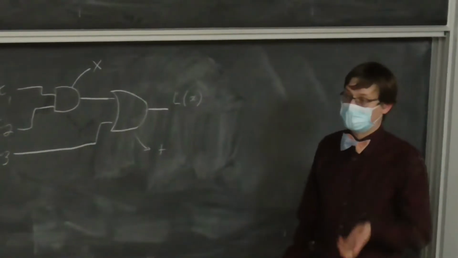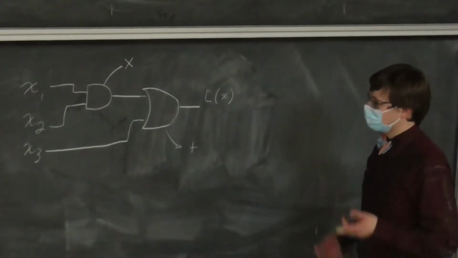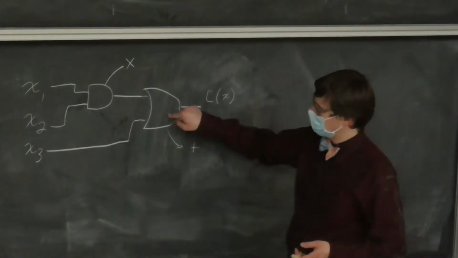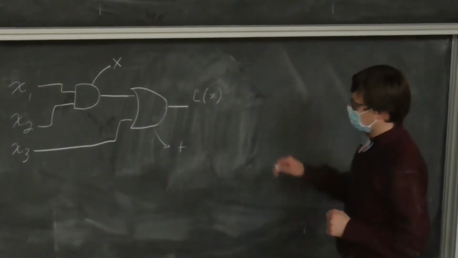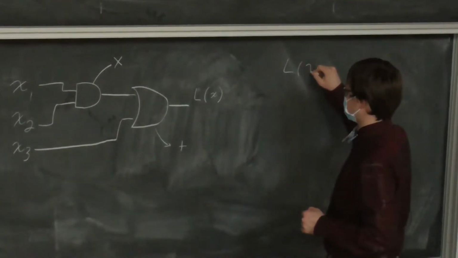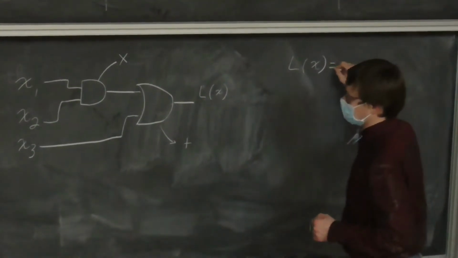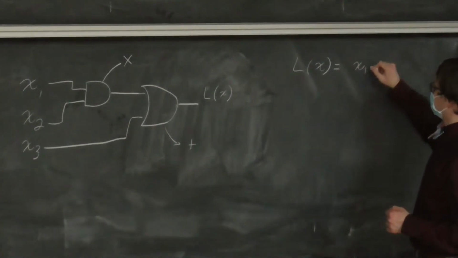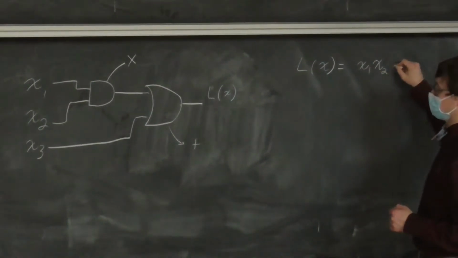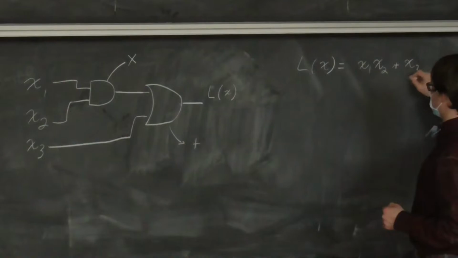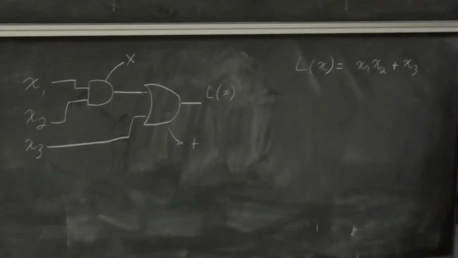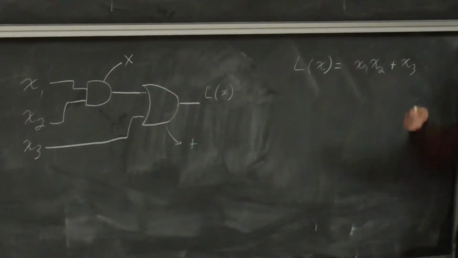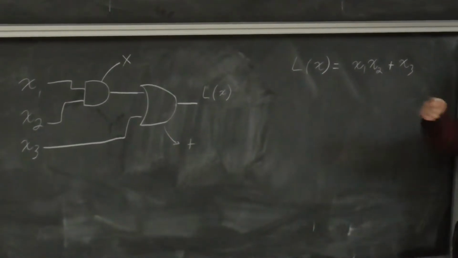It's either on or off. So, a logical expression for this particular circuit, we would say L(x) is equal to x1 times x2 plus x3. Make sense? Is this visible for you people over in the corner? Okay.